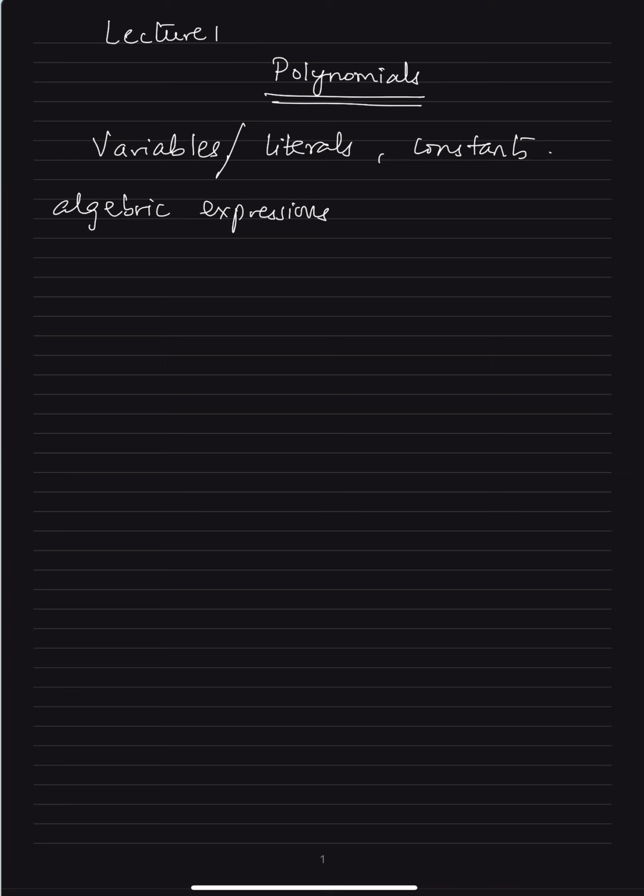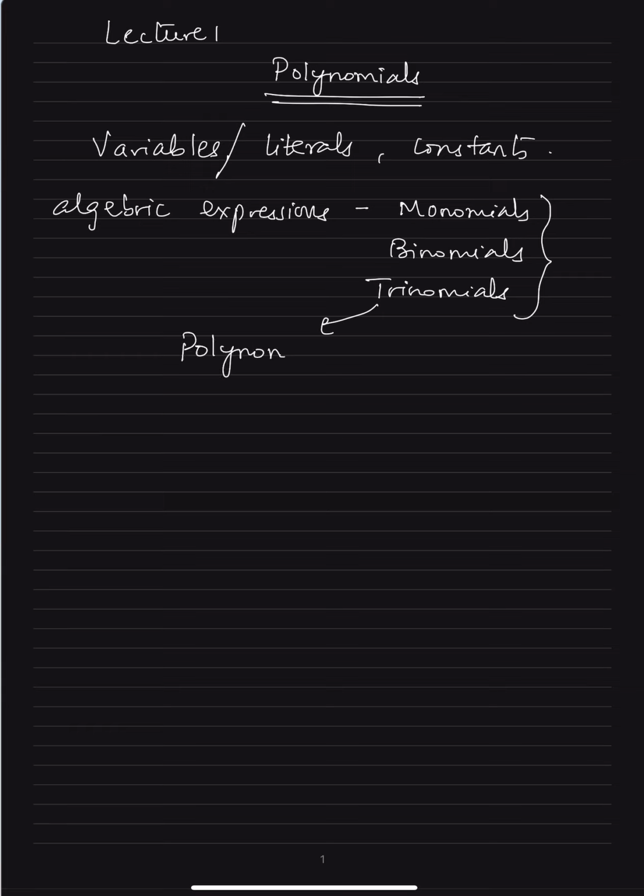We also know that there were three types of algebraic expressions: monomials, then binomials, and then trinomials. These all algebraic expressions are nothing else but they are called polynomials.